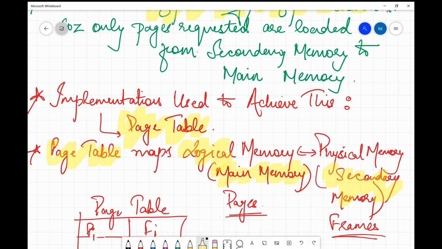Main memory is also known as the logical memory and the secondary memory is also known as the physical memory. The information is represented in the form of pages in the logical memory or main memory, and in the form of frames in the secondary memory. So the page table basically maps these two things, pages and frames.